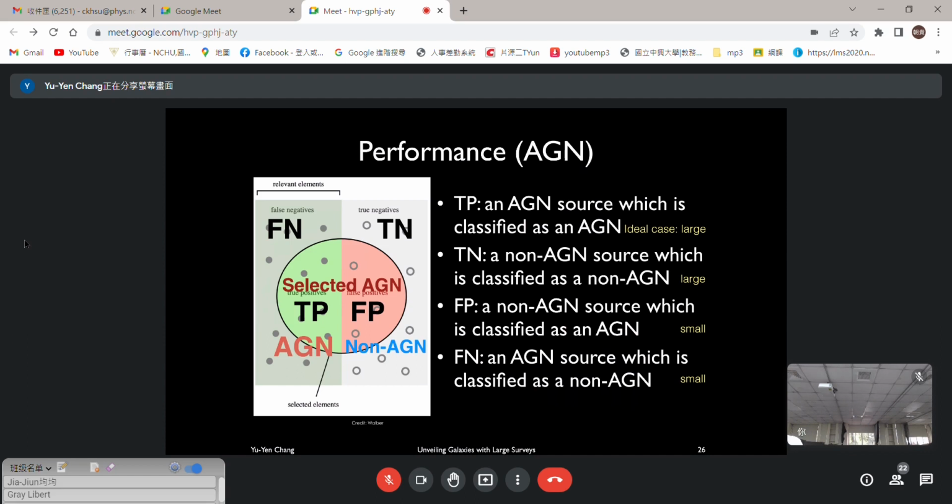We also want a high true negative rate, which means a non-AGN source is classified as a non-AGN. And here we also need a very low false positive and false negative rate.